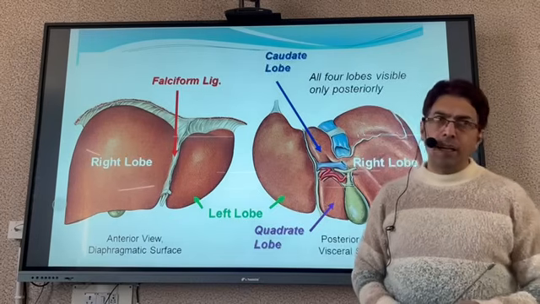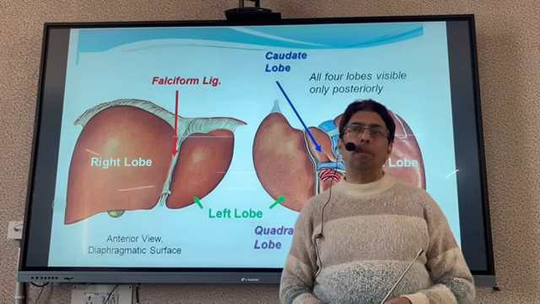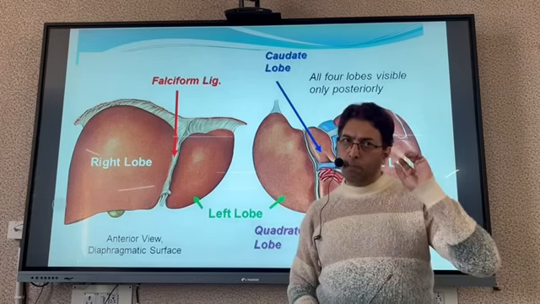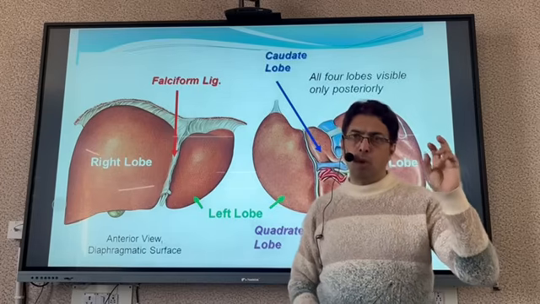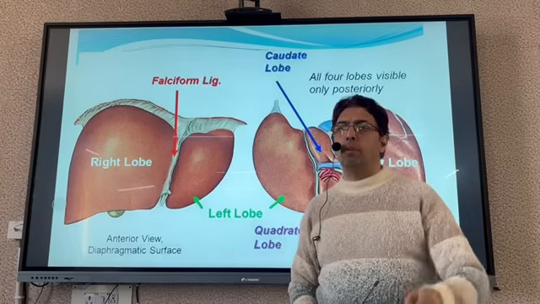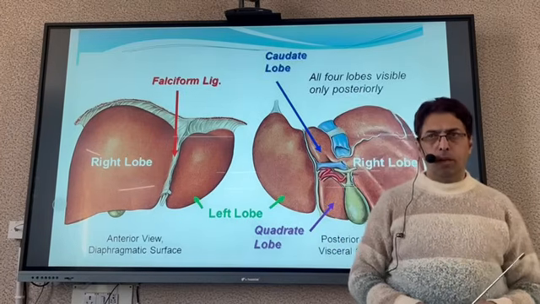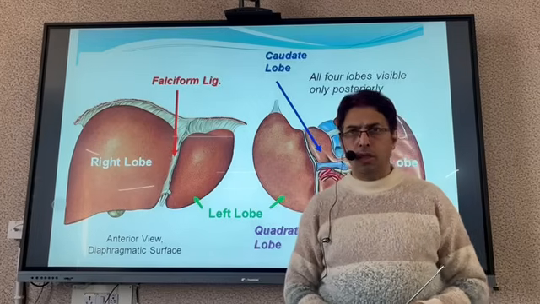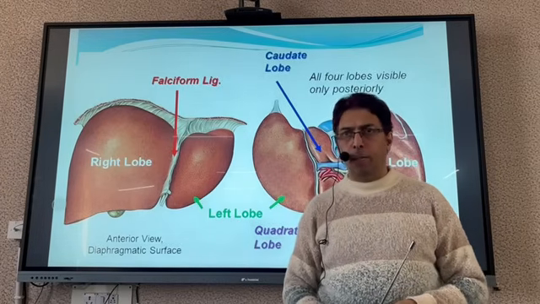The portal vein carries almost 65 to 80% of the blood of the liver. The rest of the blood is supplied by the hepatic artery. So once an examiner asks you what's the blood supply of the liver, the first thing you should mention is the portal vein, and second should be the hepatic artery.